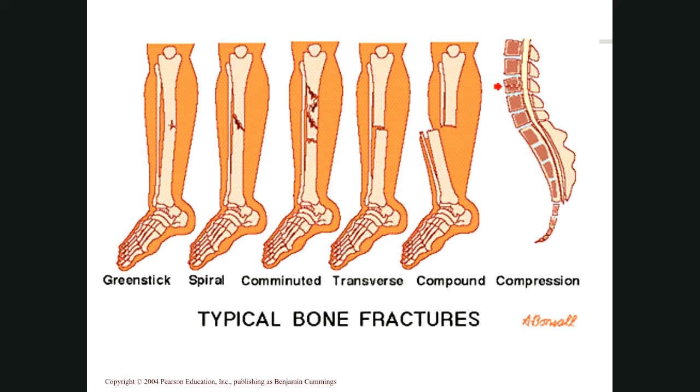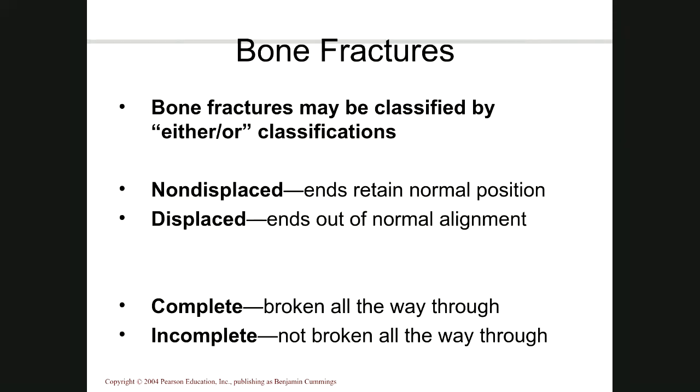In order to talk about bone fractures, we classify them. It makes it easier to talk about. And when we classify them, we use these either-or classifications. So it's either this or it's that. It could be either displaced, which means that the ends of the bone are not lined up anymore.